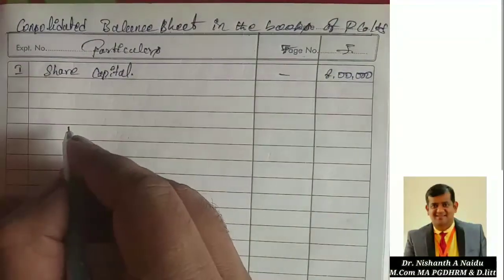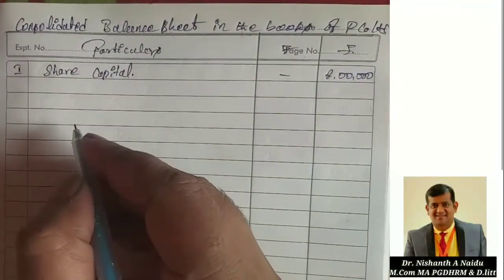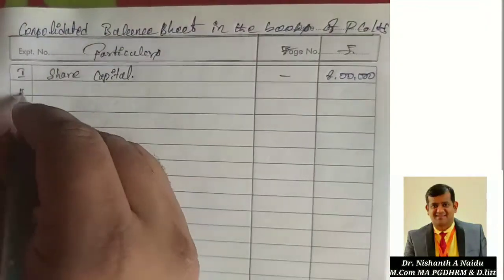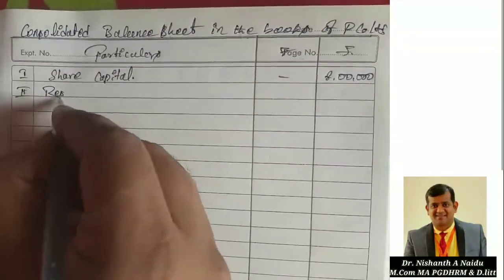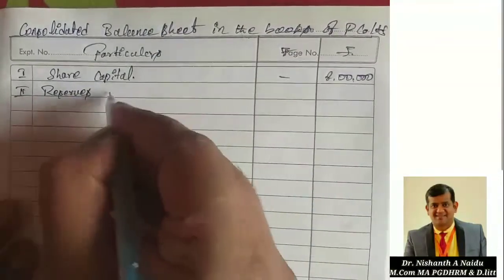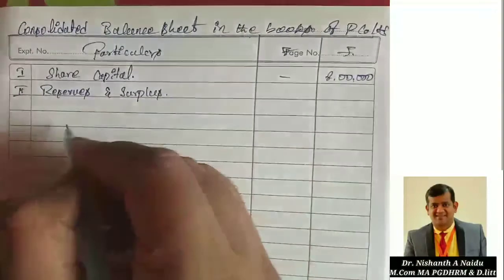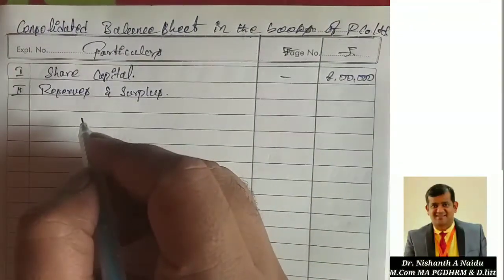Okay. So then he has given reserves and surplus. We have to take in the second main. Reserves and surplus. Correct.